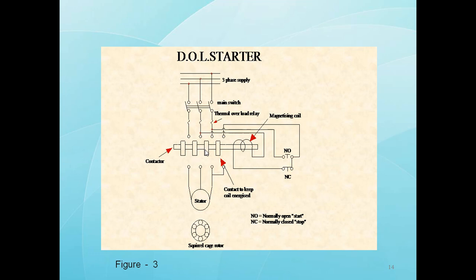the motor stops. So if the supply fails or line voltage drops below a certain value, then what happened? The main contacts are open, and this is called under voltage or no voltage protection.